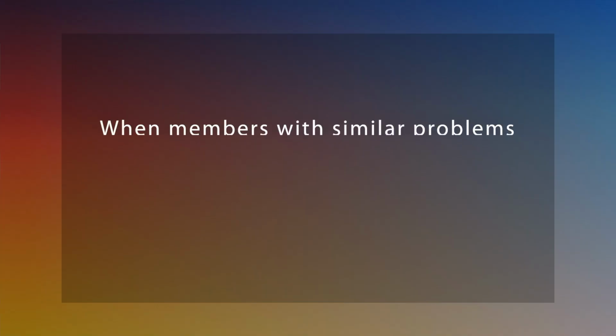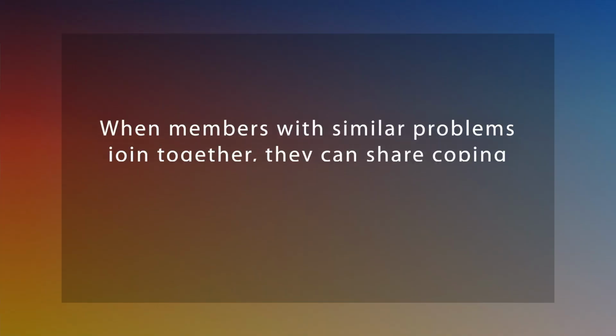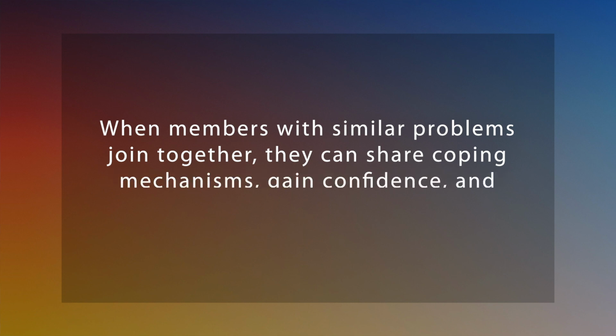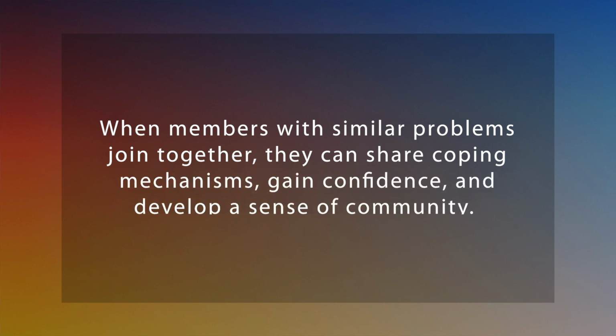Members of a support group offer one another various forms of assistance, typically non-professional and immaterial, for a certain shared characteristic which is typically burdensome. When members with similar problems join together, they can share coping mechanisms, gain confidence, and develop a sense of community.